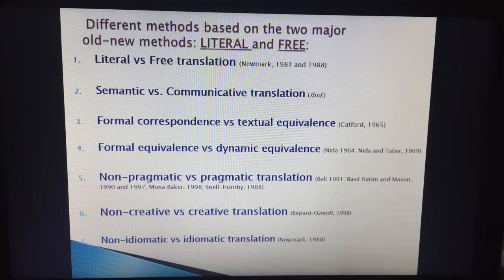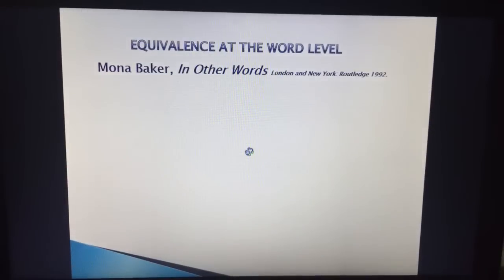And finally, from this group of literal and free, you've got non-idiomatic translation as opposed to idiomatic translation by Newmark in 1988. Moving on to the word level equivalence, because that's the first step really for any translator.